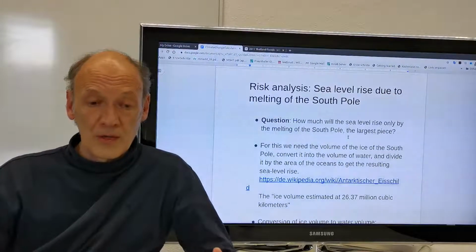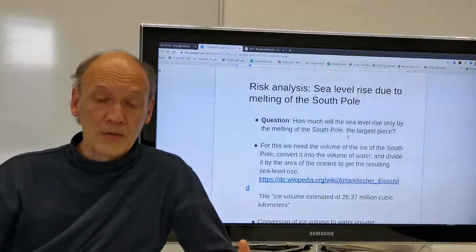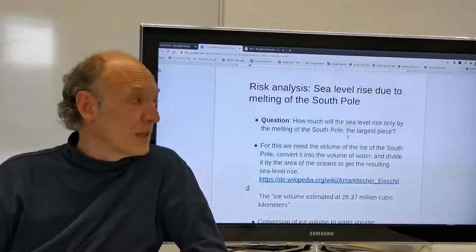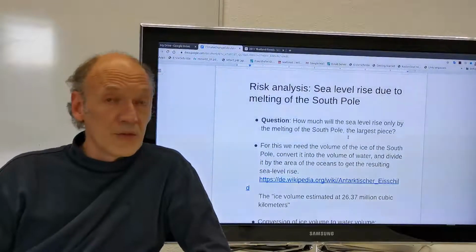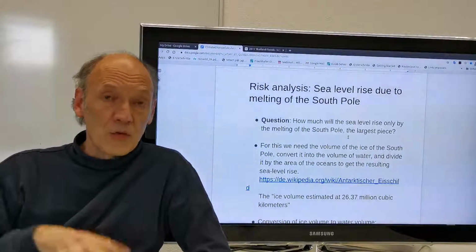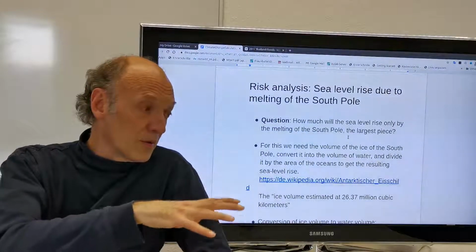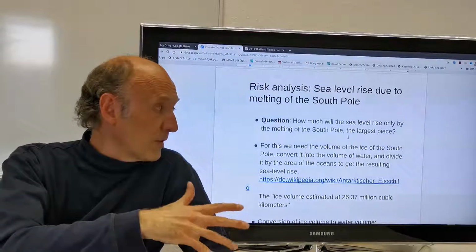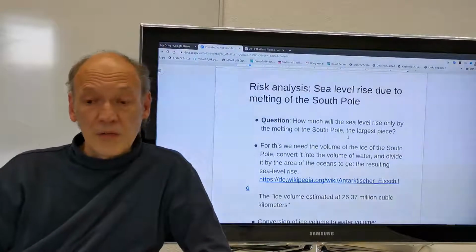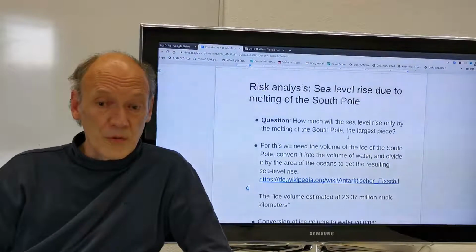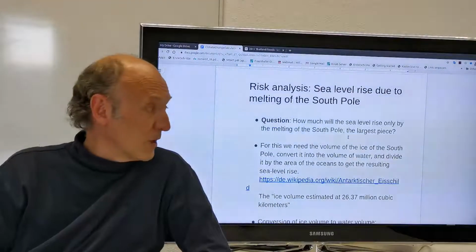It's on land, so the melting of the ice on Antarctica leads to an increase in the sea levels, unlike the North Pole, which is mostly floating ice. When floating ice melts, it basically doesn't change the sea level, but the South Pole is on land, so melting there really affects the sea level.